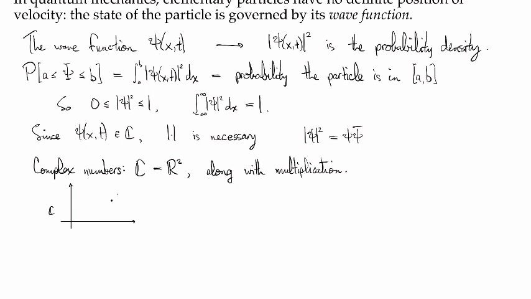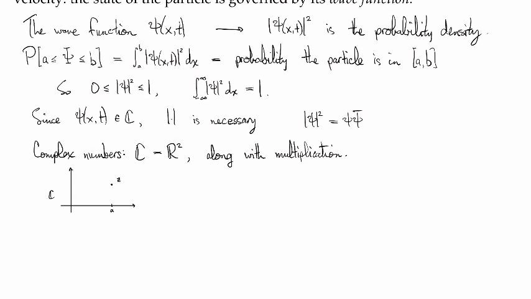And so if we have some point here, say this is our complex number z, then it has a real part, a, so a is the real part, and over here it has an imaginary part, and so we've got a real axis, and we've got an imaginary axis, and z looks like a plus bi. So you can think of this as being the point with coordinates a comma b.